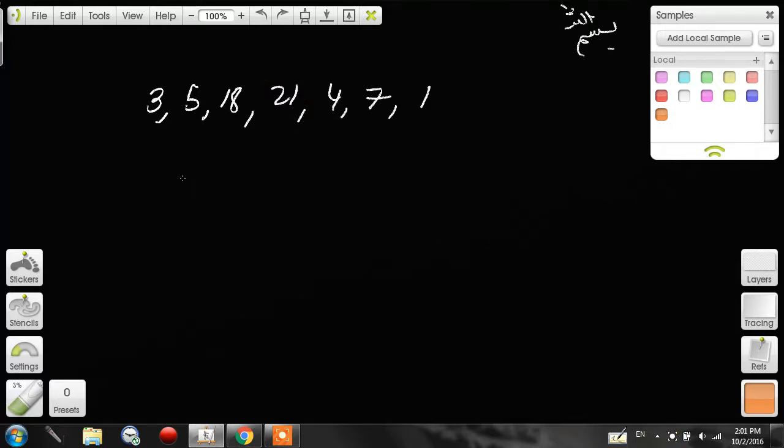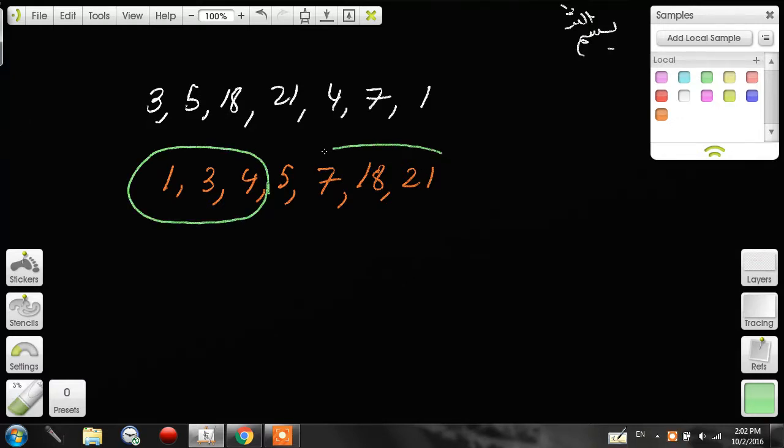So the first thing you do is arrange them from smallest to largest, okay? 1, 3, 4, 5, 7, 18, 21. Once you've done that, then you find, okay, what's in the middle? There are 7 numbers here. So 3 on this side, 3 on this side, and 5 here. That's the median number, the middle number.